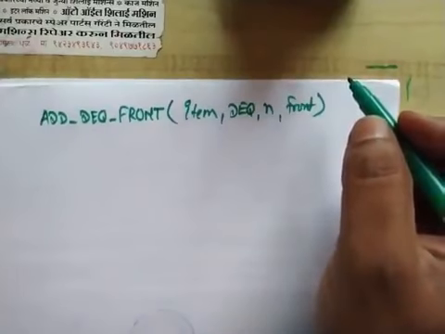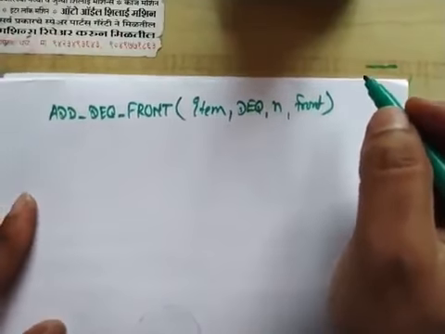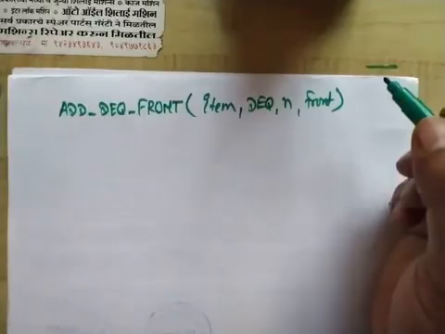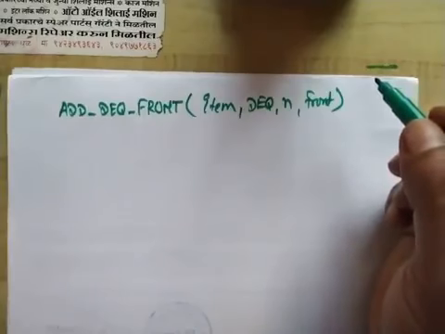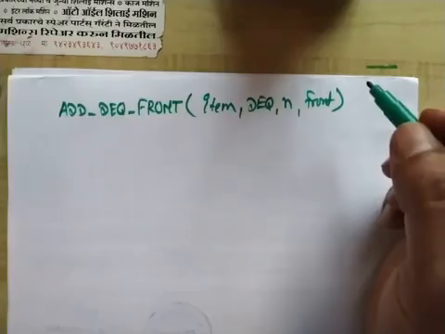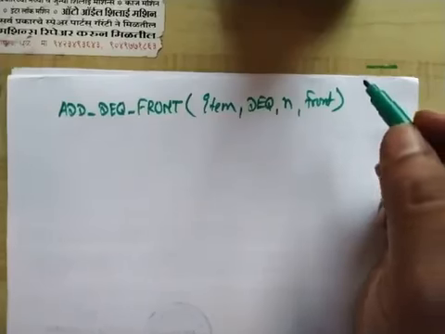Now here we are going to add through the front. We can add whenever our front is not pointing to the 0th position, meaning it is pointing to index 1, 2, 3, or any other index. If it is at index 0, then we are going to say the deque is full.